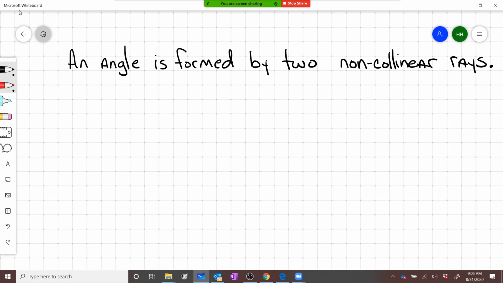Alright, so if we've got a ray right here, and that's AB, and another ray right here, which is ray AC, you've got two rays, same endpoint, they're non-collinear, so they form an angle. Okay?